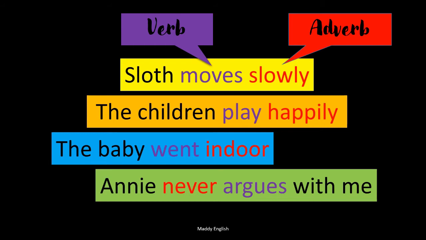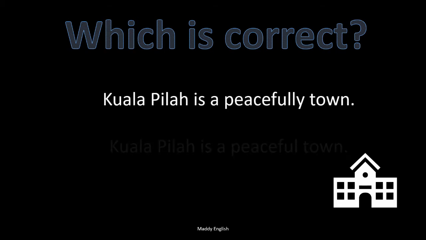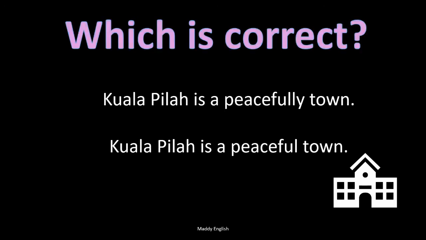Let's further check on the usage of adjectives and adverbs. Kuala Pila is a peacefully town. Kuala Pila is a peaceful town. Which is correct? Can you figure it out?